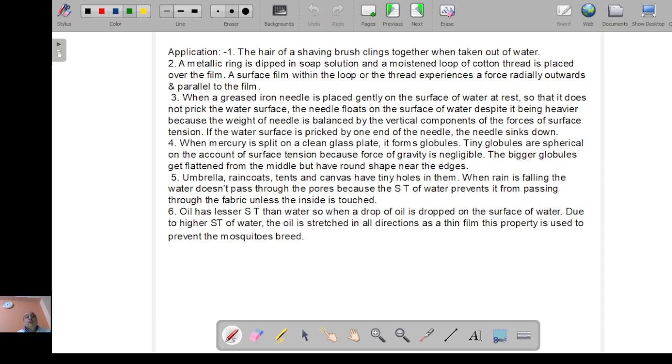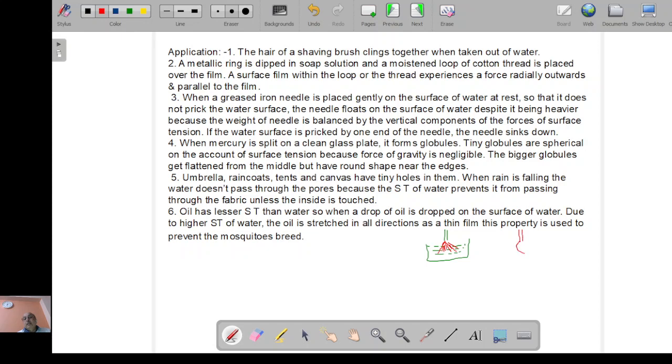Now, what are the applications of surface tension? If we have a brush and we dip this brush inside the water, these are the threads of the brush, and now if we take them out, what will happen?